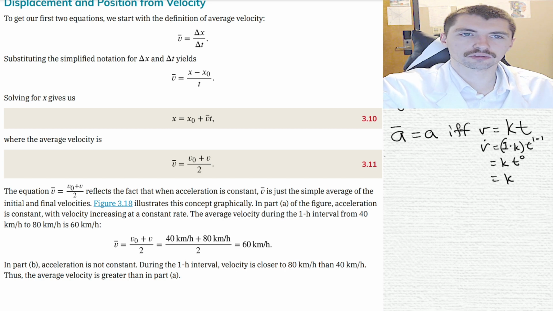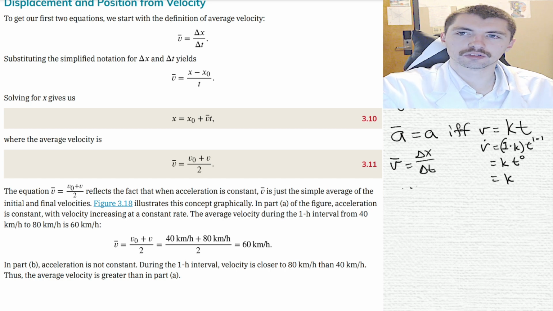Okay, so displacement and position from velocity. So we know delta x over delta t.